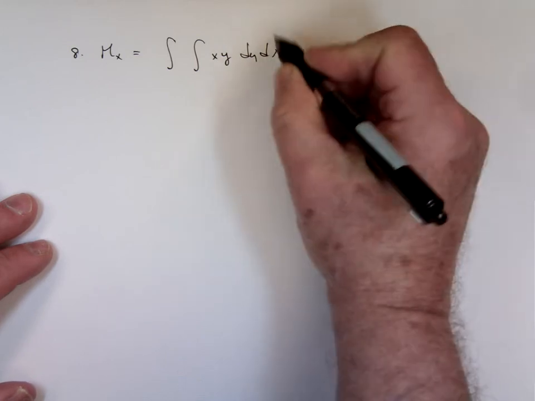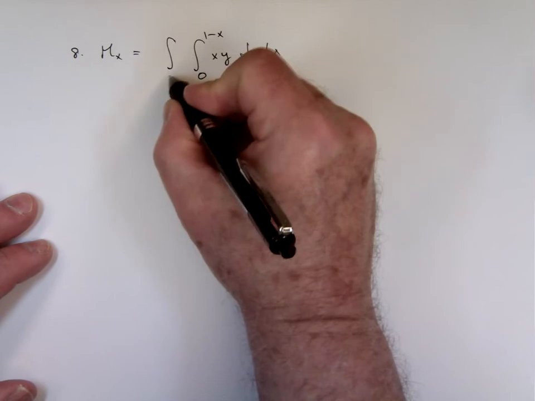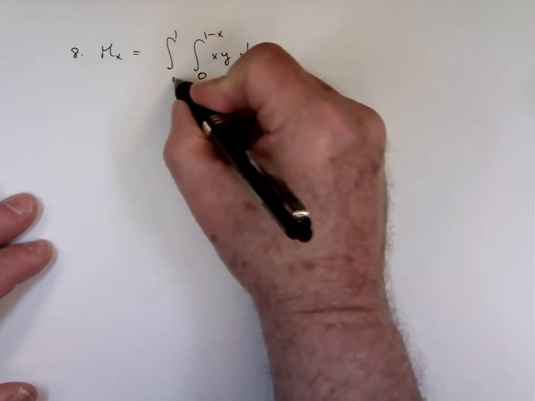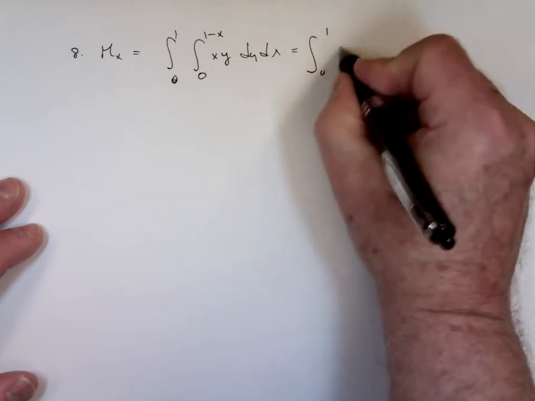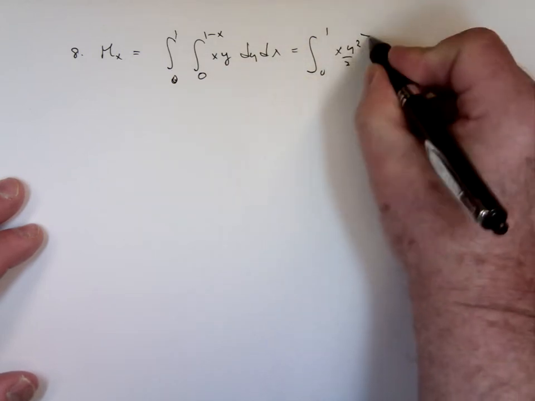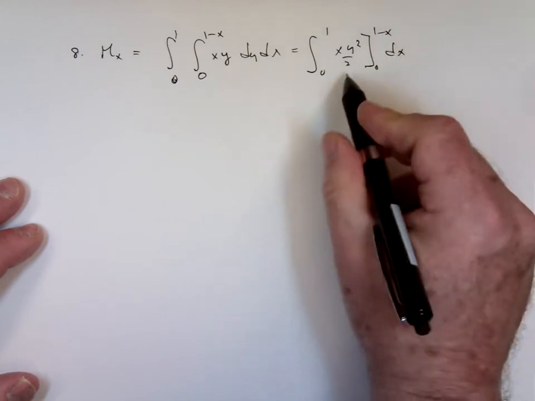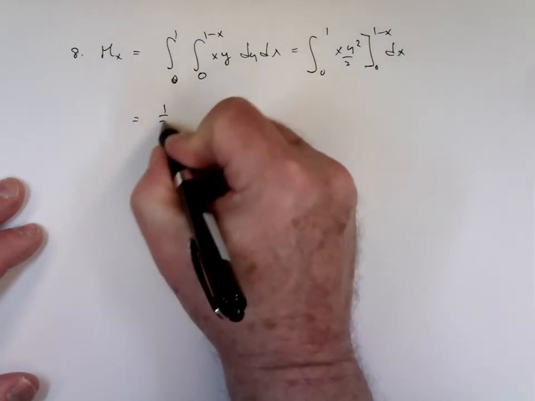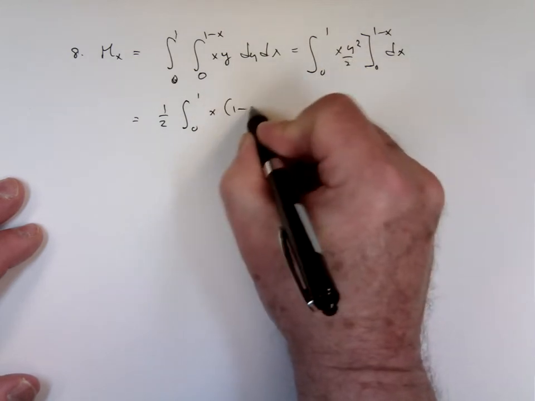The limits of integration are going to be the same as they have been. And let's do the integral. 0 to 1. X, y squared over 2 dx. We can take the 1/2 out front. Substitute in for the y, the 1 minus x.